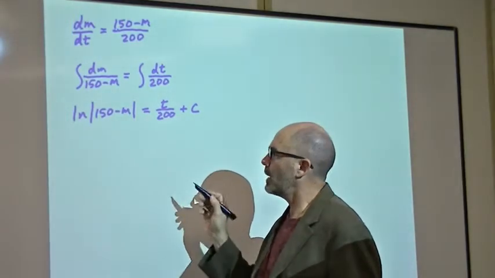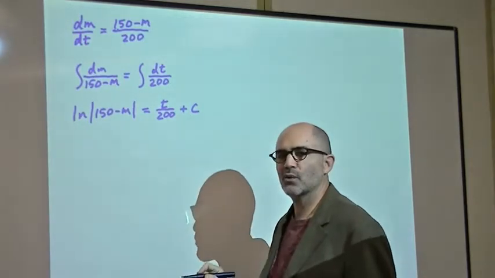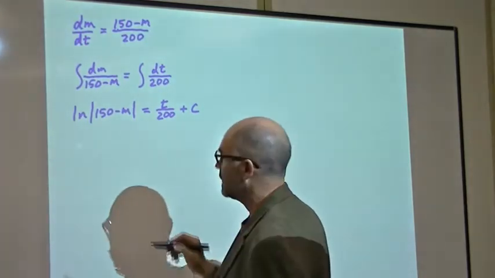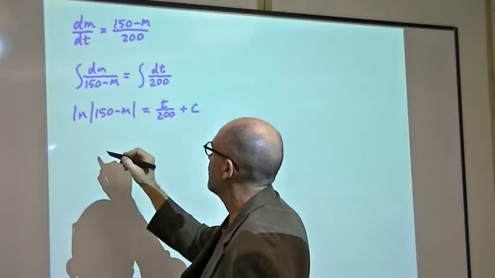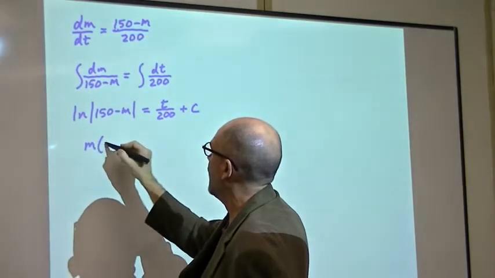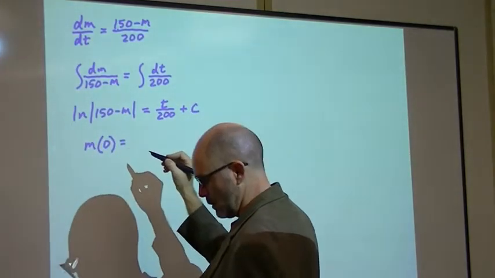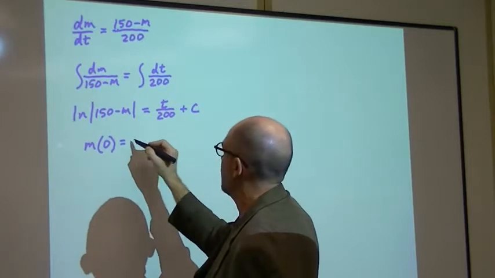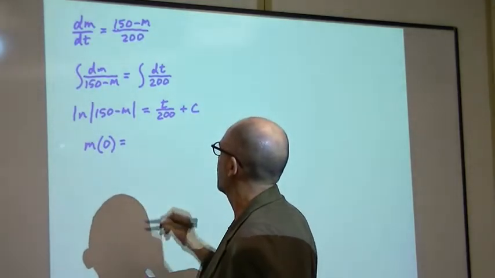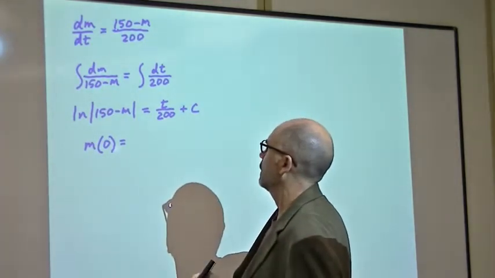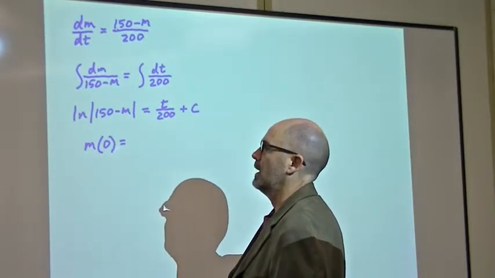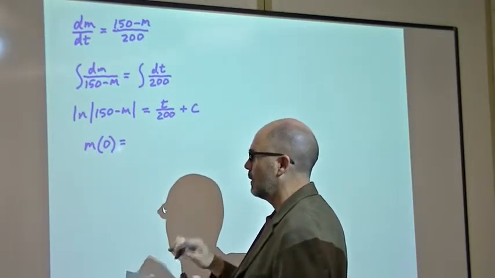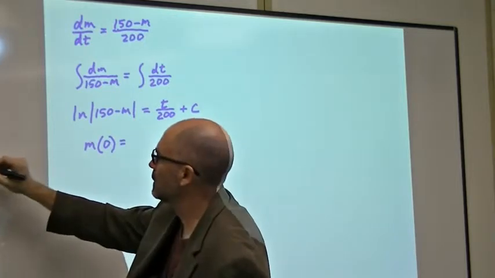Right, we plug in the initial conditions. The initial condition is the mass at time 0 was 20 kilograms. There's a 20 there, you just can't see it.